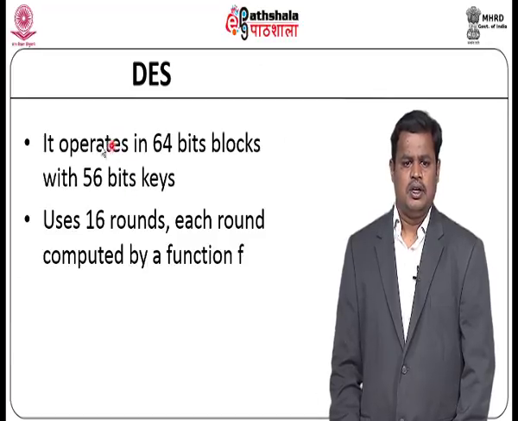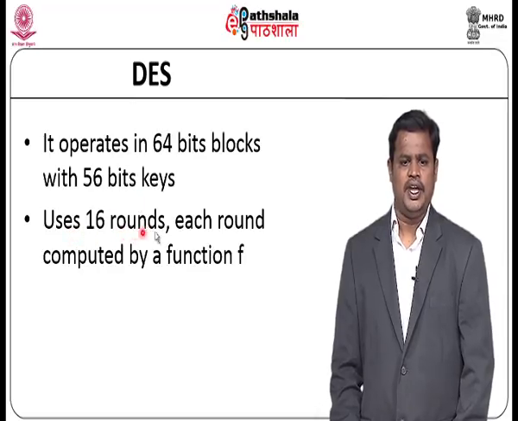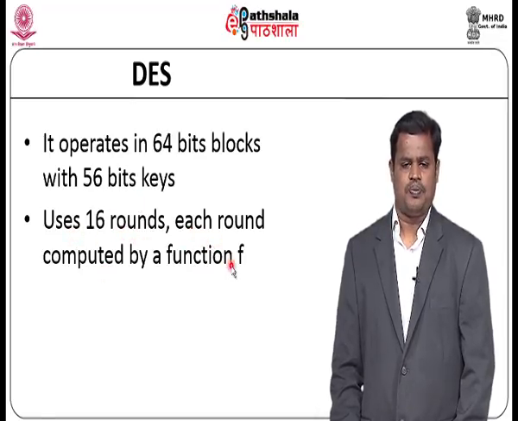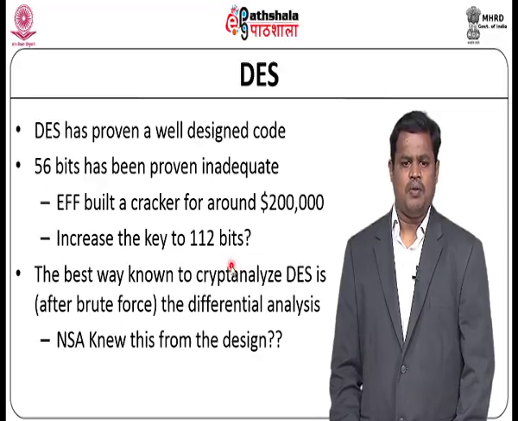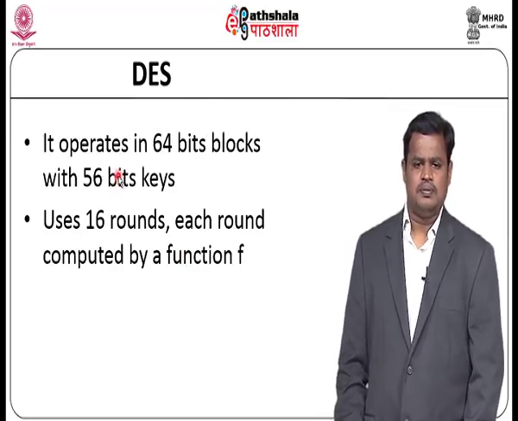DES operates on a 64 bit block with 56 bit keys and uses 16 rounds, each computed by a function f. Apart from this information, we already know about this algorithm.